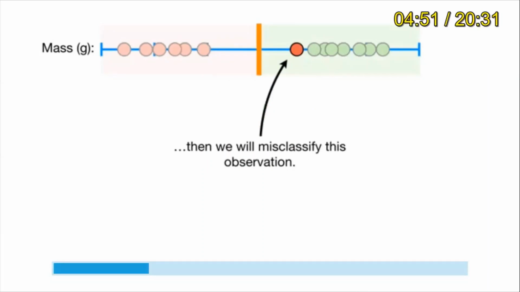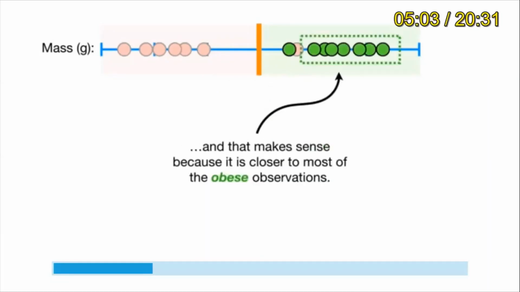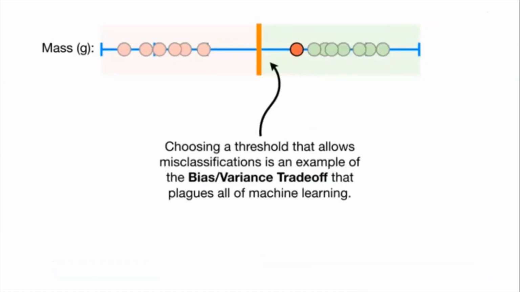So how do we do the misclassification? For this, we have to use something called the bias-variance trade-off. I'll not tell you in detail what the bias-variance trade-off is, but I'll tell you the meaning of bias and variance. Bias means how accurate your model is on the training data.